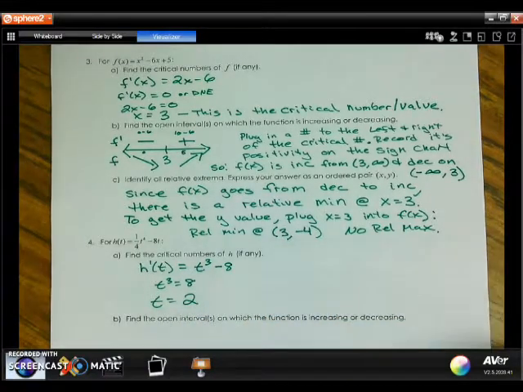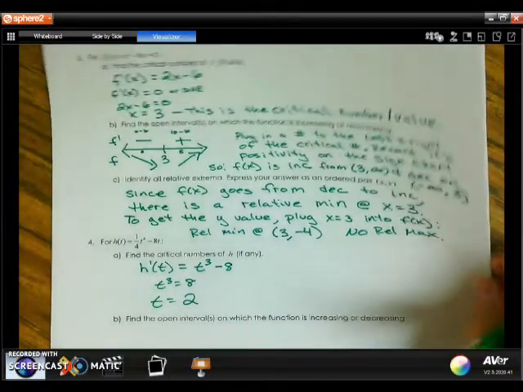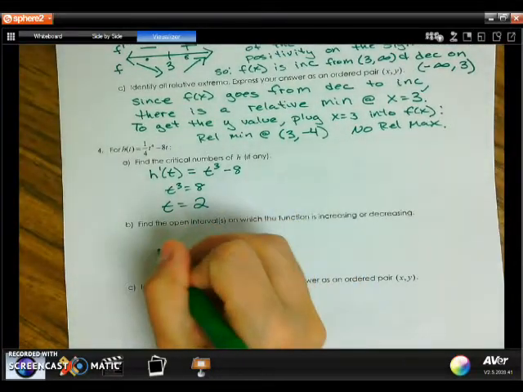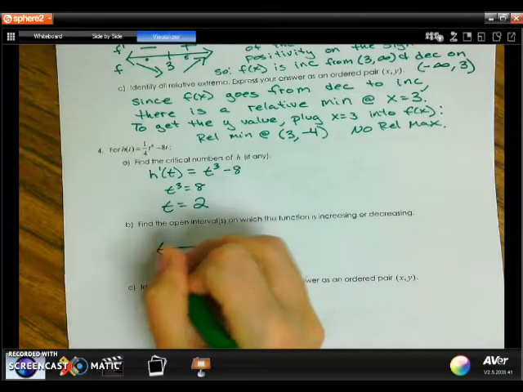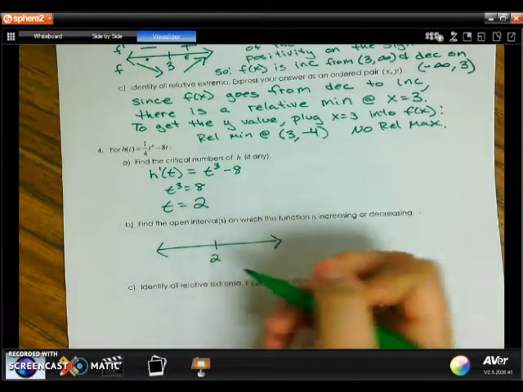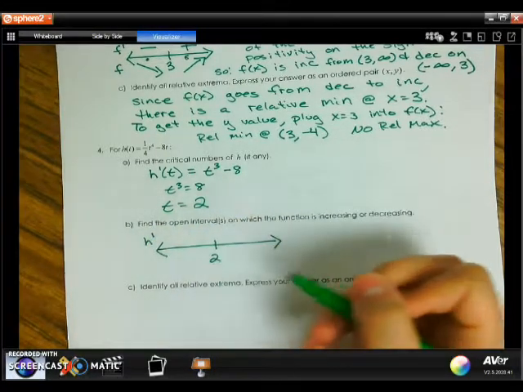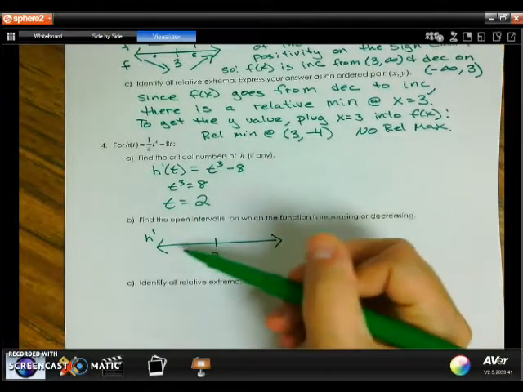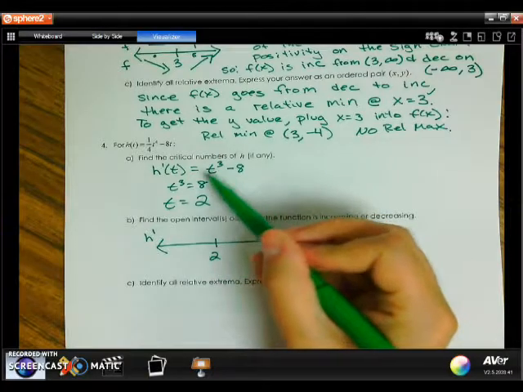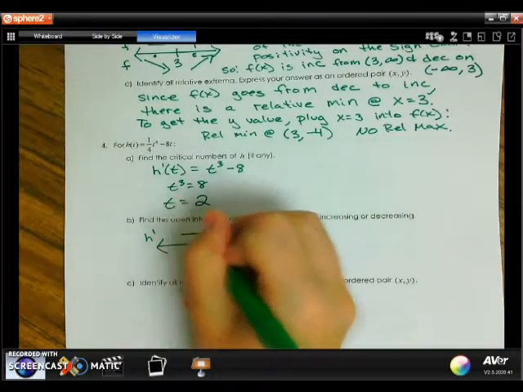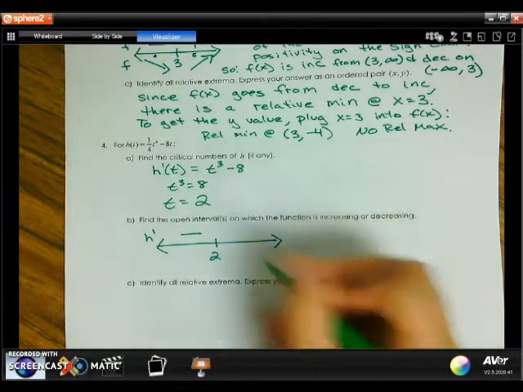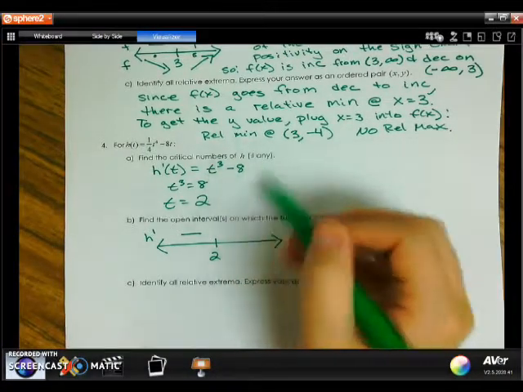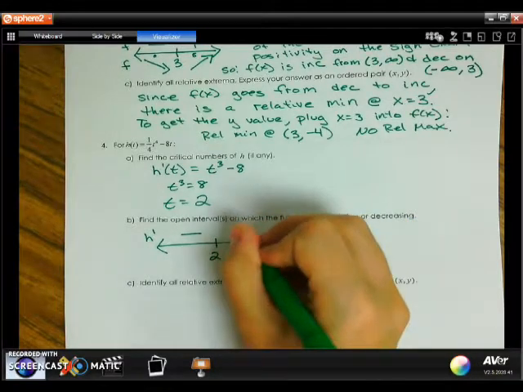So then that brings me right down to where it says find the intervals where it's increasing or decreasing. So that's asking me to do a sign chart. So I take that critical value of 2, I put it on the sign chart, and I'm plugging into the derivative. So take a number to the left of 2, like a 1. 1 cubed is 1 minus 8, that's going to be a big old negative number there. Then I plug in a number to the right of 2 on the sign chart, like a 3. 3 cubed is 27 minus 8, that's still going to be positive.